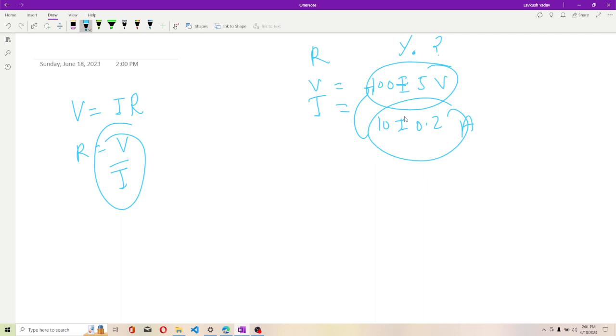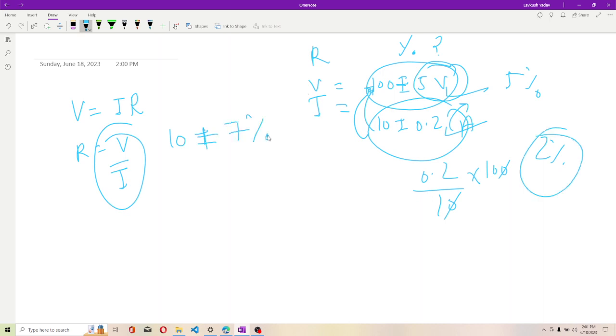That is not going to work out. So what we have to do is get the percentage: here it is 5 percent, and here it is 0.2 divided by 10 into 100, so it will be 2 percent. Now it would be added because errors are always added. So 10 plus minus 7 percent.